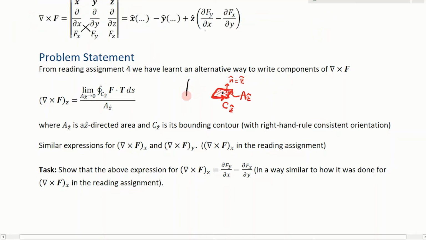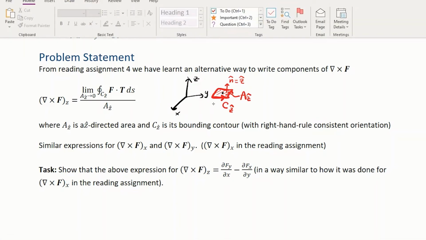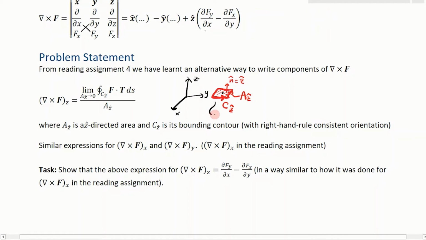So for example, in this case, let me draw the axes. We have x, y, and z. This would be to find the curl of f in the z direction. In order to find the curl of f in the x direction, for example, you would set up a contour that is normal to the x hat.